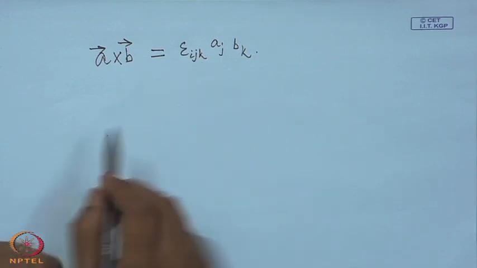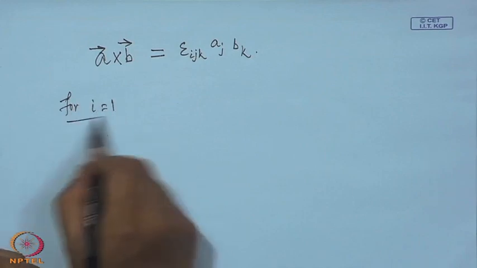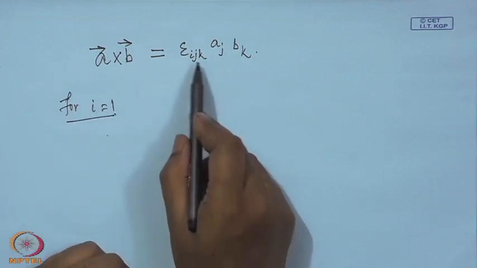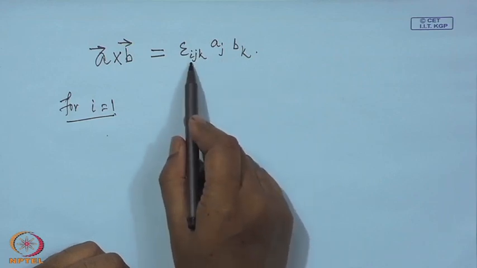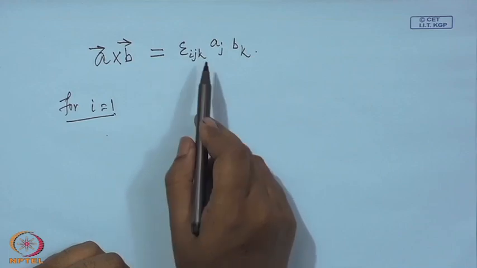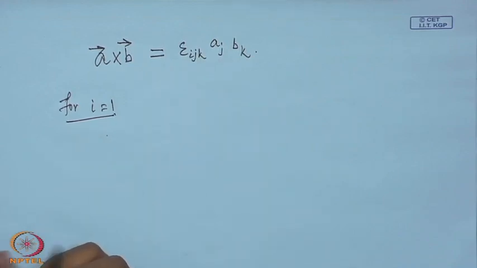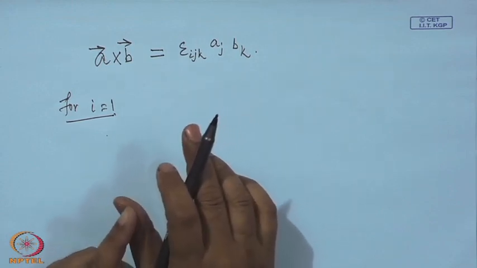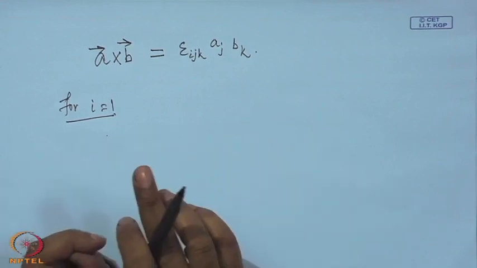Let us say for i equal to 1, what do you get? First of all, think what are the non-zero components? Looking at epsilon ijk, if i equal to 1, then j and k cannot be 1, because that means 0. So, there are two possibilities: j equal to 2 or 3 and k equal to similarly 2 or 3.